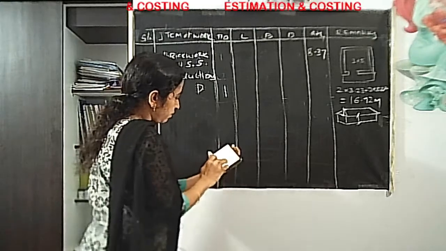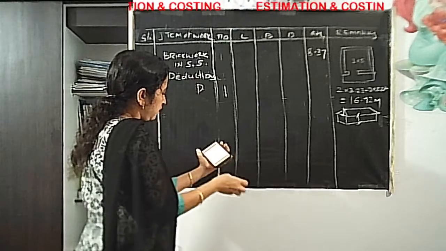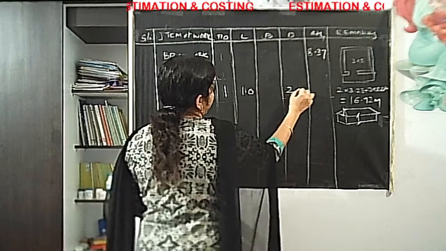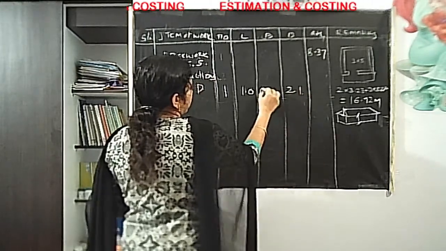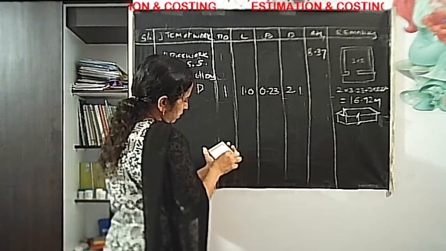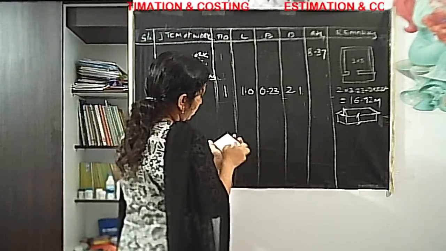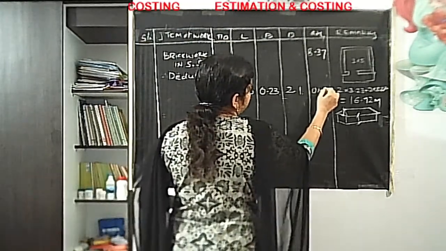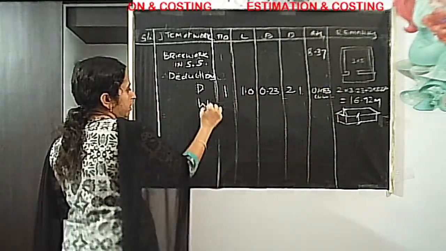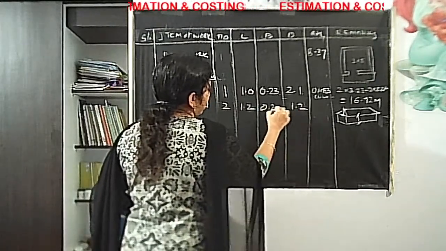So, dimension of D is 1 by 2.1. Your thickness of the wall is 0.23, that is equal to 0.483 cubic meter. You have W, which are 2 in number, 1.2 by 1.2, it is 0.23 in thickness.